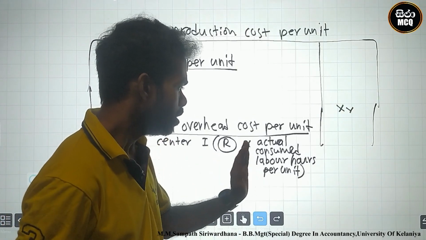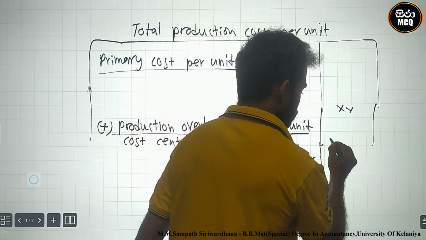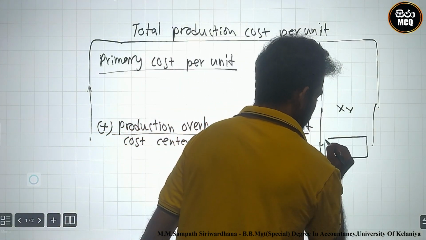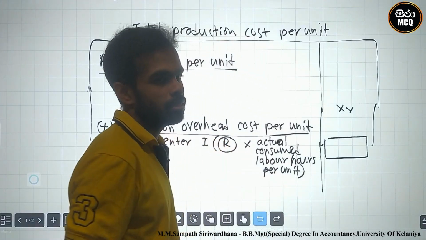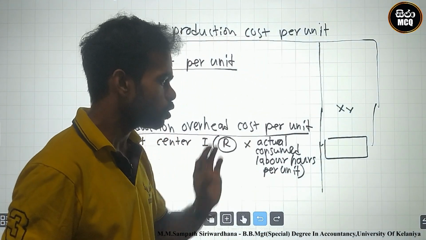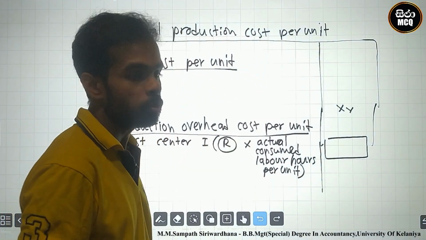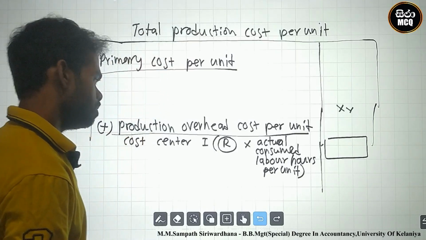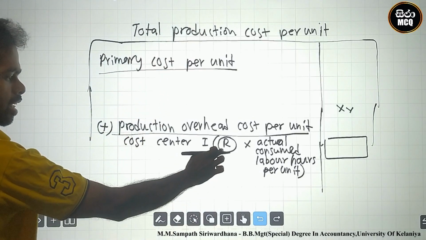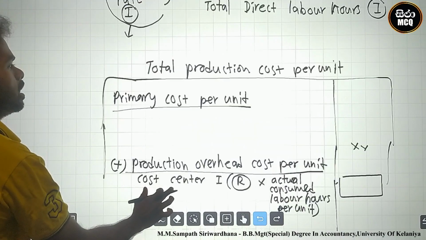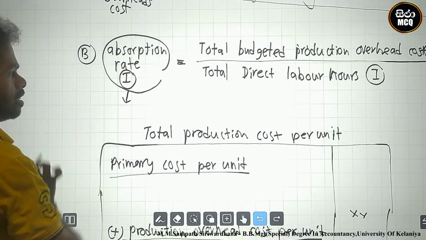After that, you can calculate the absorbed cost, meaning the cost included in the absorption cost. Therefore, we find the rate is there and the absorption rate is another.